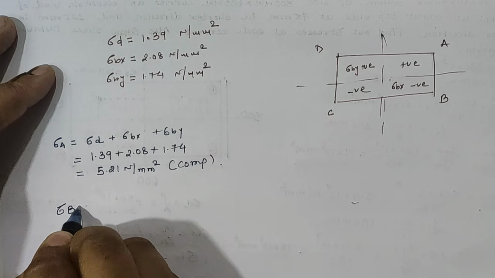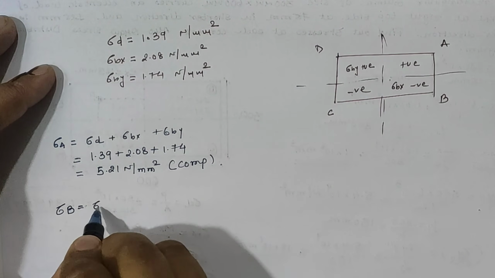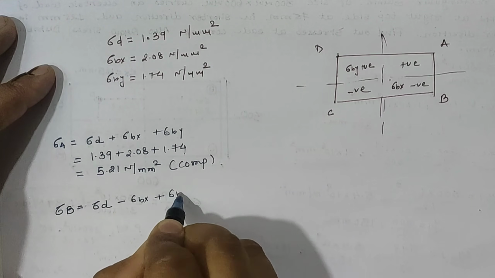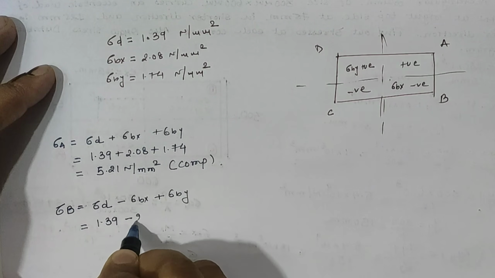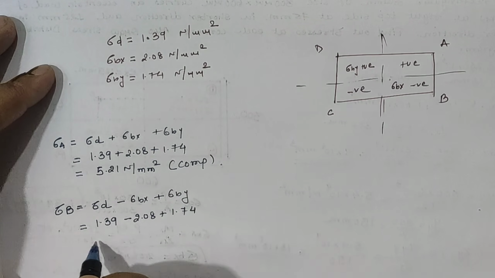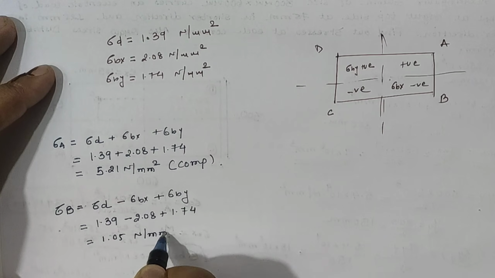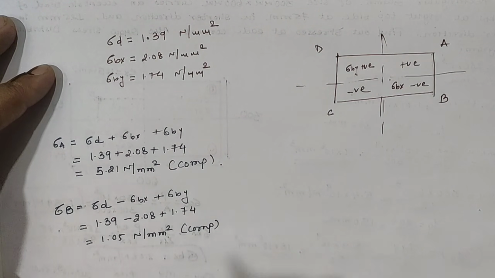Similarly for joint B, our value for Bx is negative, hence sigma D minus sigma Bx plus sigma By. So 1.39 minus 2.08 plus 1.74, our value is 1.05 Newton per mm square, which is positive, hence the stress is compressive.